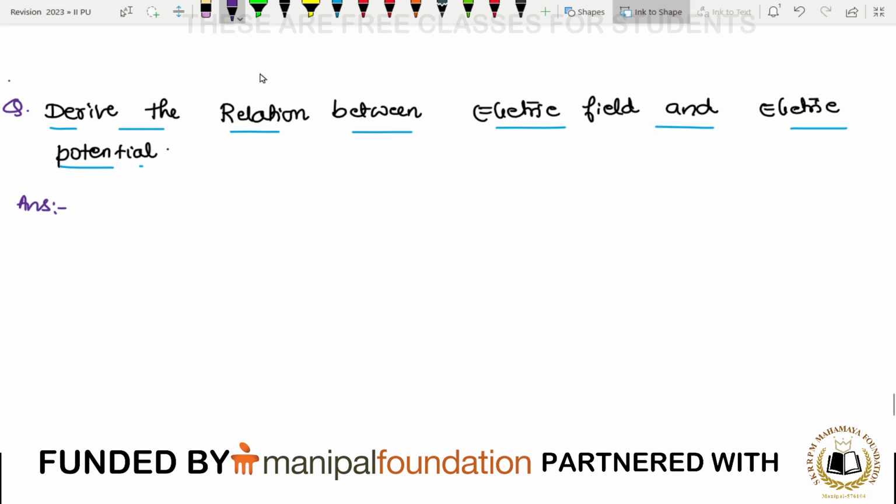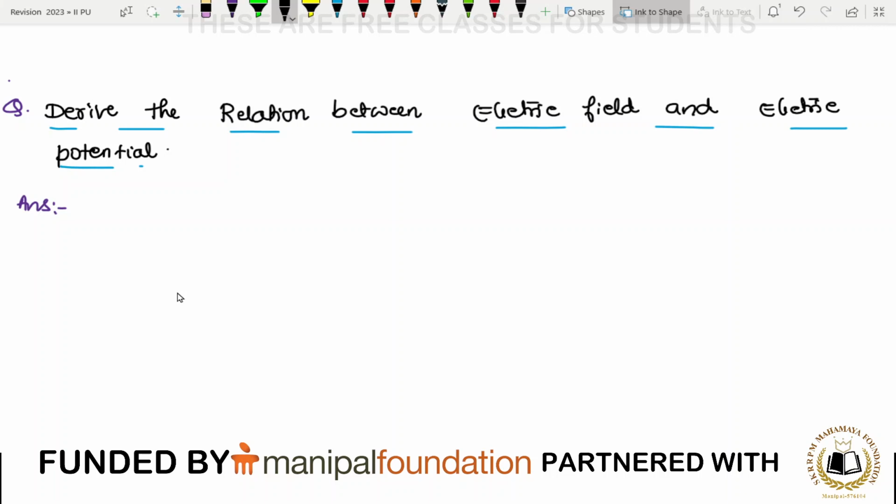Okay, so we take now two equipotential surfaces. First, what is the meaning of an equipotential surface? The potential on each point remains the same, then that surface is known as an equipotential surface.